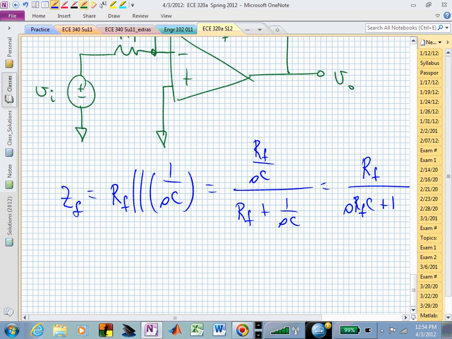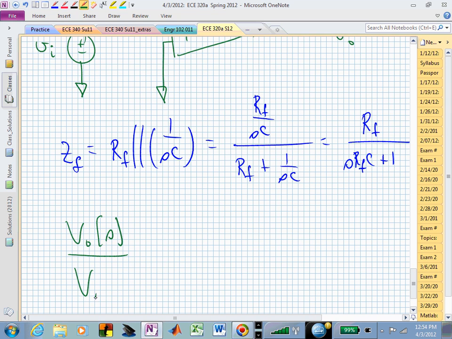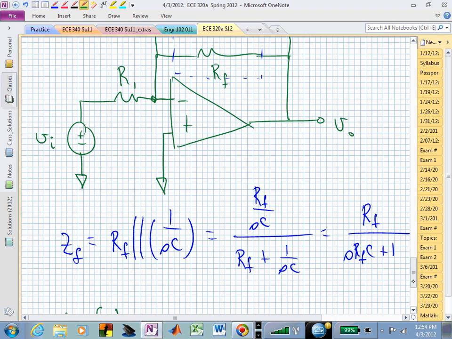If we now wanted to find the transfer function between the input voltage V sub I and the output voltage V sub O, we simply have minus, since it's this inverter type configuration, minus the feedback impedance divided by the input impedance, structurally just like we derived in the inverter circuit.